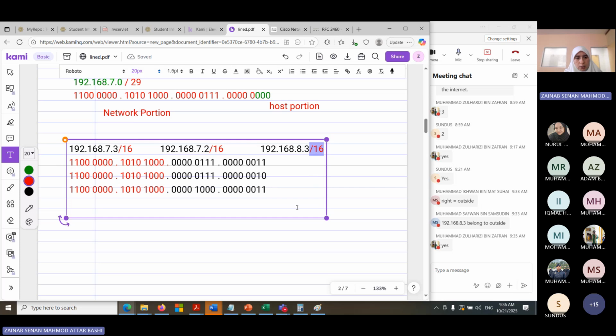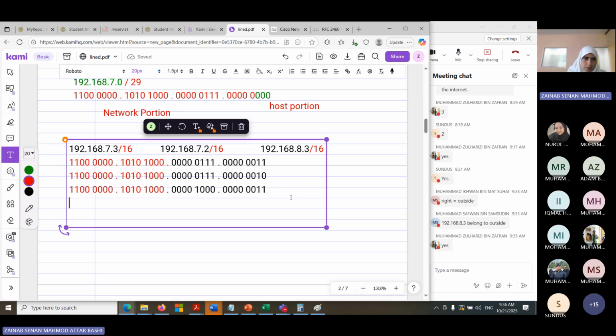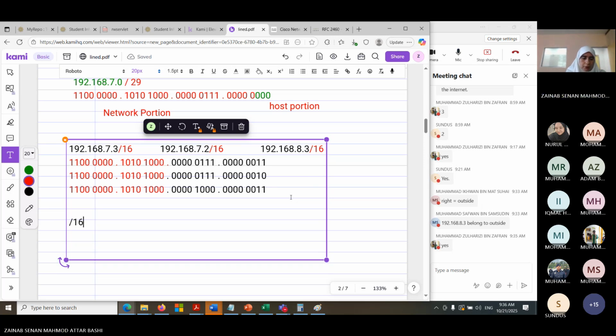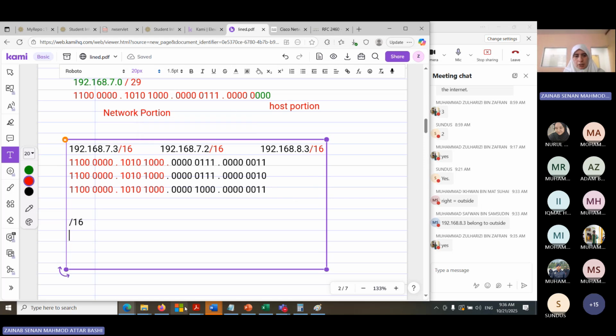Okay. Another way to write the subnet mask: if I have a /16 subnet mask, it will be written as the network portion all 1s.